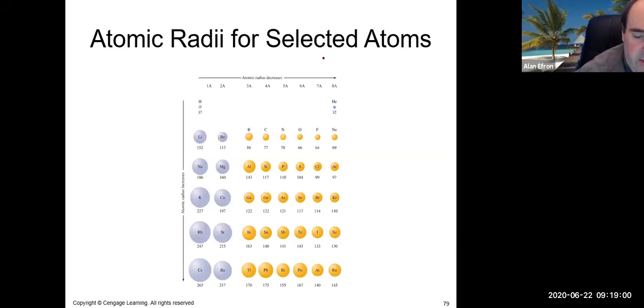nucleus. So here's a picture of that, and we can see as we go to the right, it definitely gets smaller, and as we go to the left, it gets larger. Let's also talk about ions.